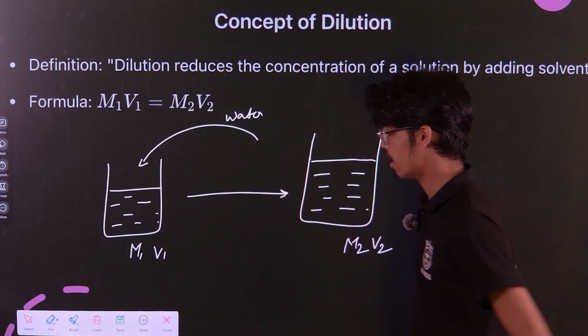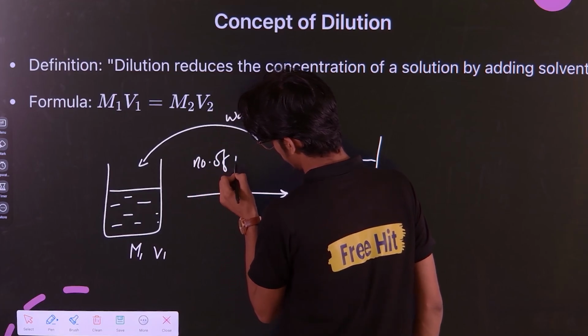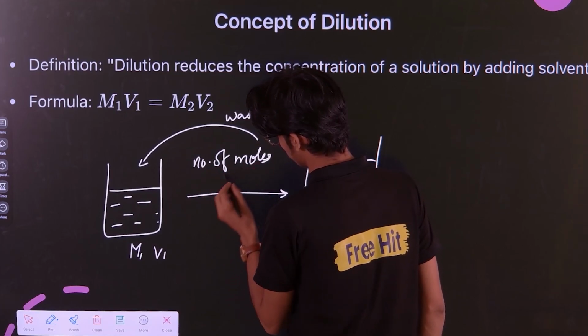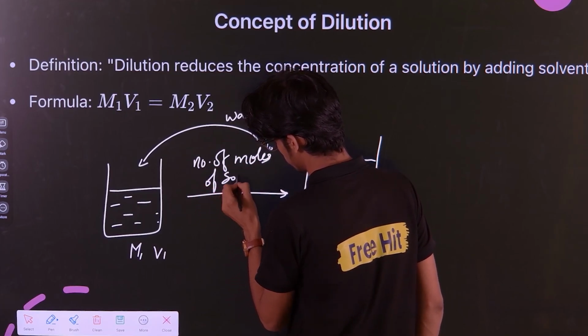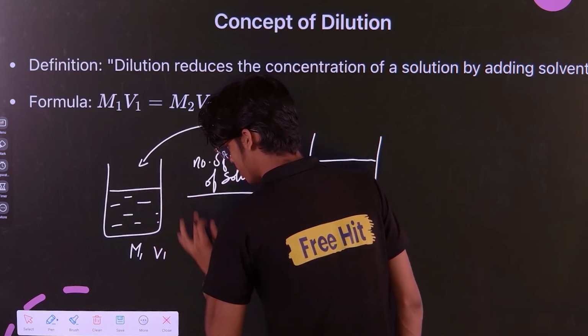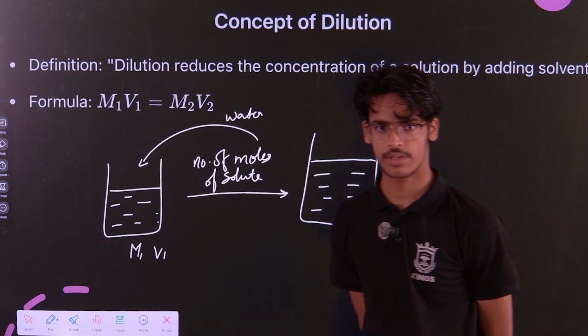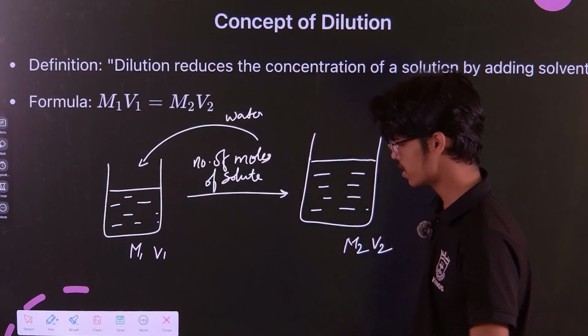That is the number of moles of solute. See, the solute particles present in the first solution and the solute particles present in the second one, are they equal? Yes, obviously they are equal.